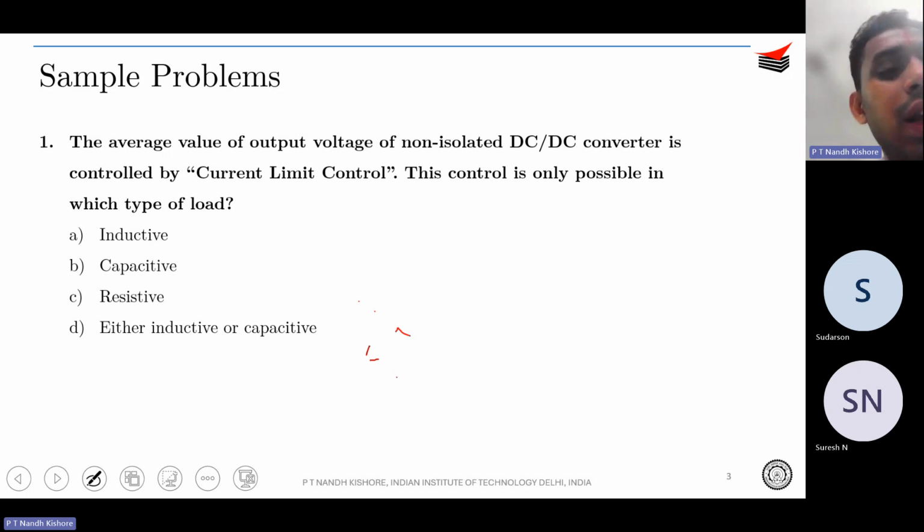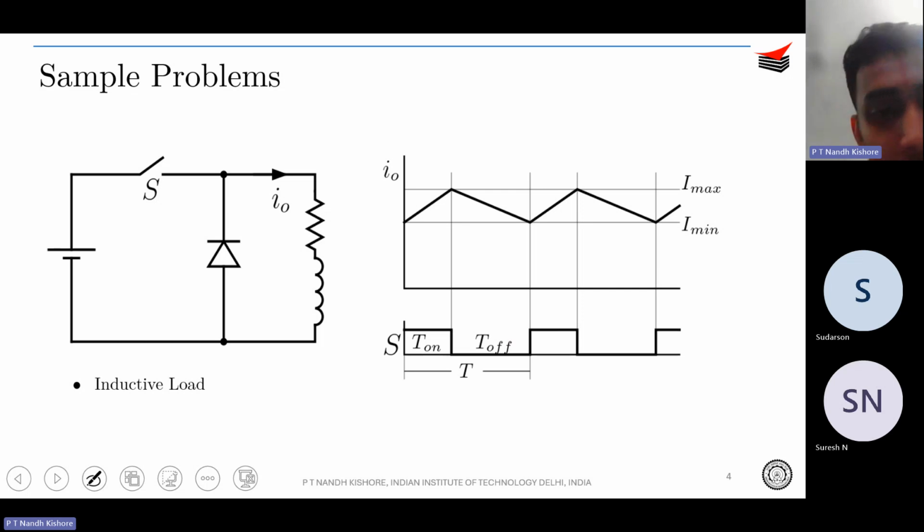So if we see by that account, the average value of output voltage is controlled by what, right? So if you have an inductive load, assume that the inductor dominates over the resistor. You of course know that you have a minimum value of the current and the maximum value of the current, correct?